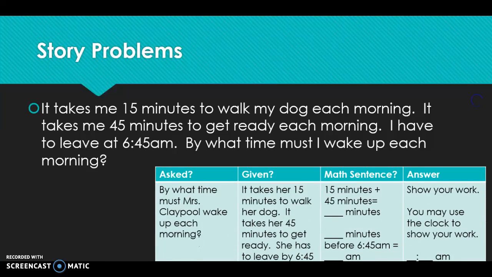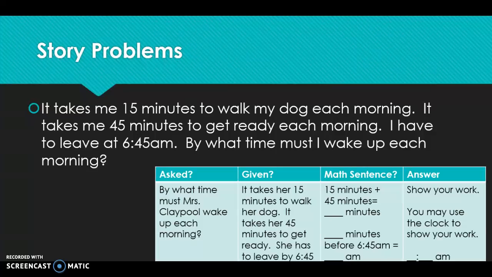Okay, so let's look at that on our asked, given, math sentence, and answer. So what time do I have to wake up each morning is the question being asked. I'm told that I have to be ready by 6:45. It takes me 45 minutes to get ready and 15 minutes to walk my dog.